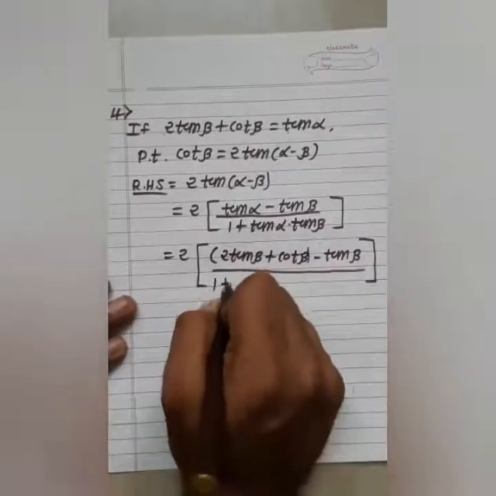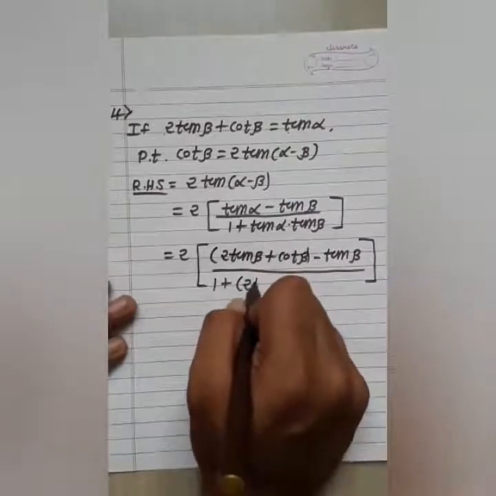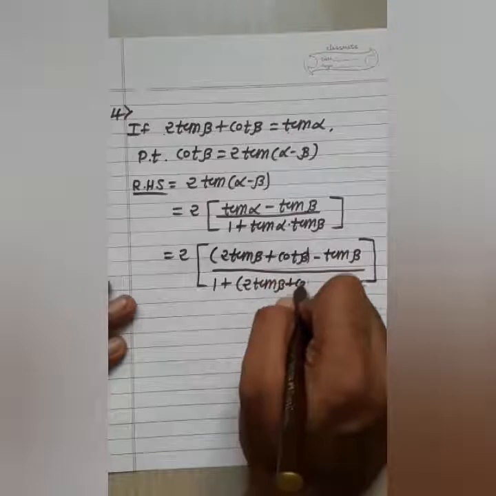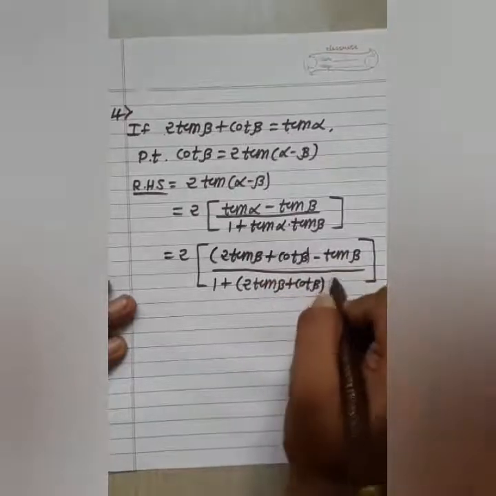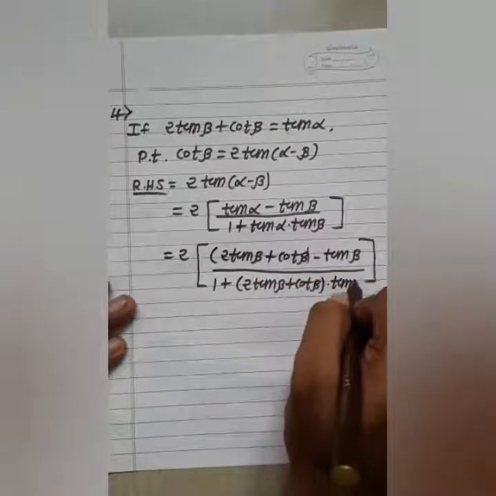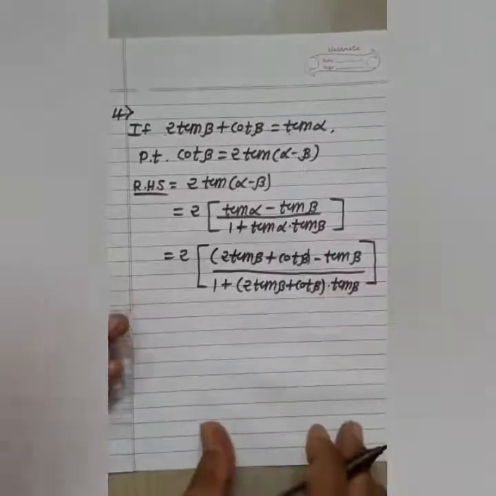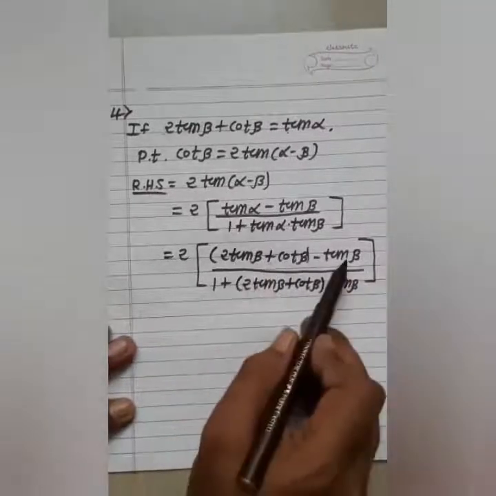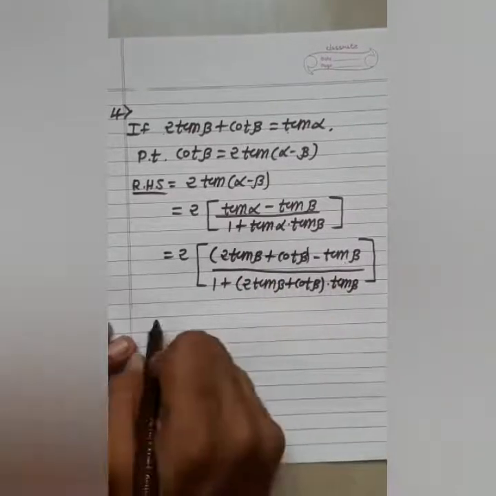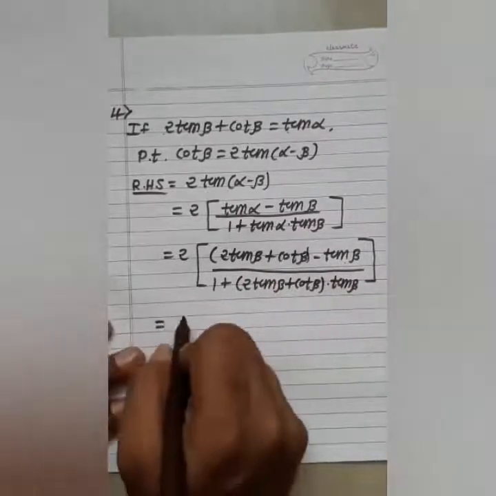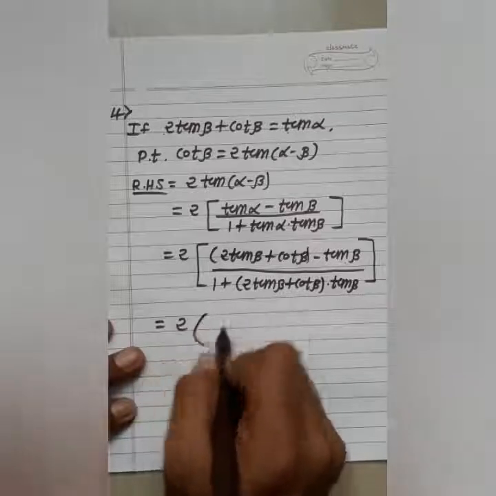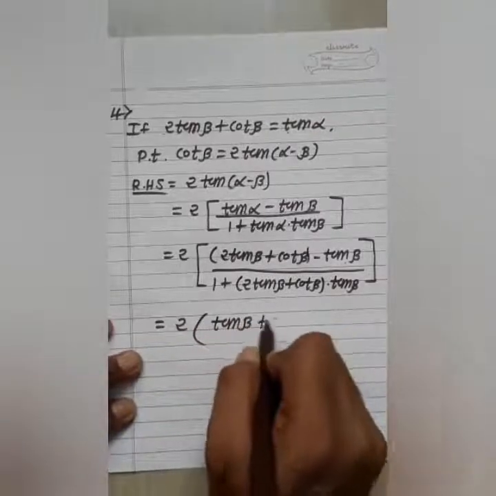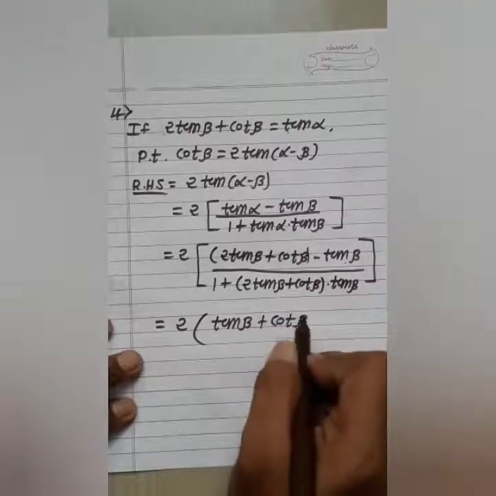So 1 plus, in place of tan alpha write 2 tan beta plus cot beta, into tan beta. Now 2 tan beta minus tan beta, that means we can write tan beta. So 2 into bracket tan beta plus cot beta.